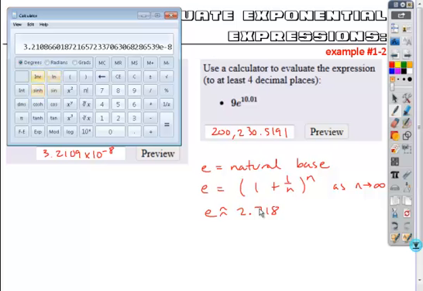So if you want to find it, again, most of the calculators that you'll be using that you have access to, you'll see the e to the power of x button. It'll be right at the same place where ln is. So in this case, it's inverse here. And so what you would get for calculating this problem is you could take 9 times, we'll write 10.01, and we'll use the natural base here, and that's going to give you your answer, 200,230.5191.